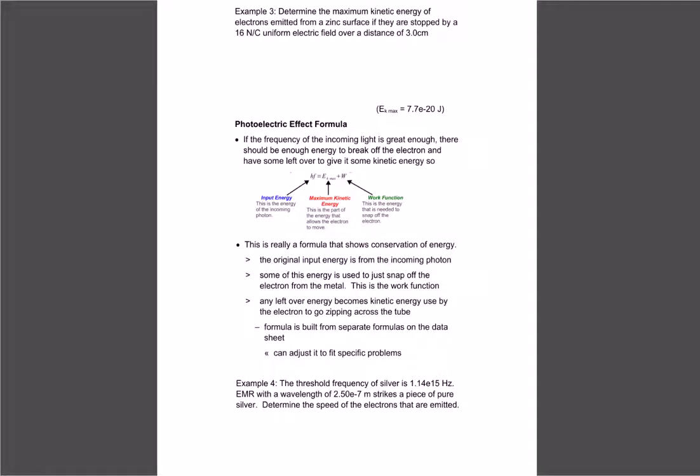So this formula says, determine the EK max of electrons from a zinc surface if they give us electric field and a distance. So the only thing we have to do with this, remember, voltage equals electric field.